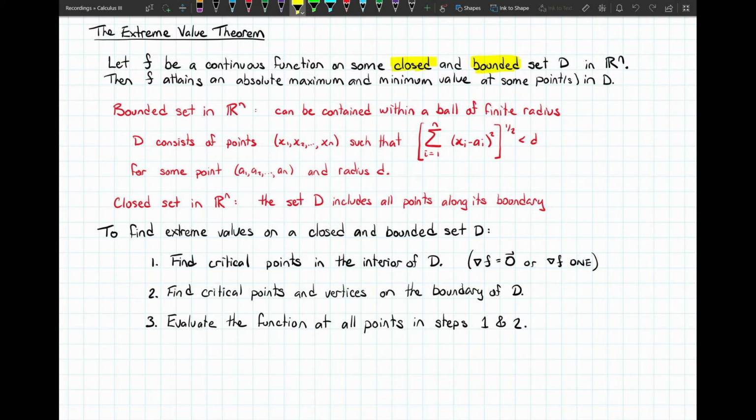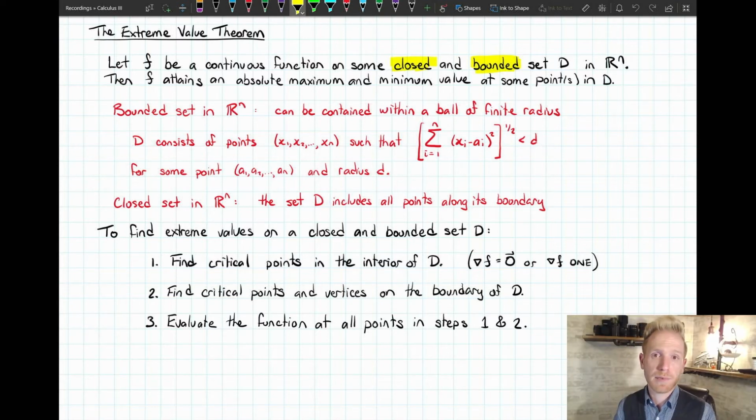Next, we're going to look for critical points that are along the boundary of that region. We'll also need to take a look at finding the vertices of that boundary. And what we'll do is we'll take all of the critical points on the interior and on the boundary, as well as all the vertices, plug them into the function, and we can figure out which of those points gives us the absolute maximum and which of those points gives us the absolute minimum.